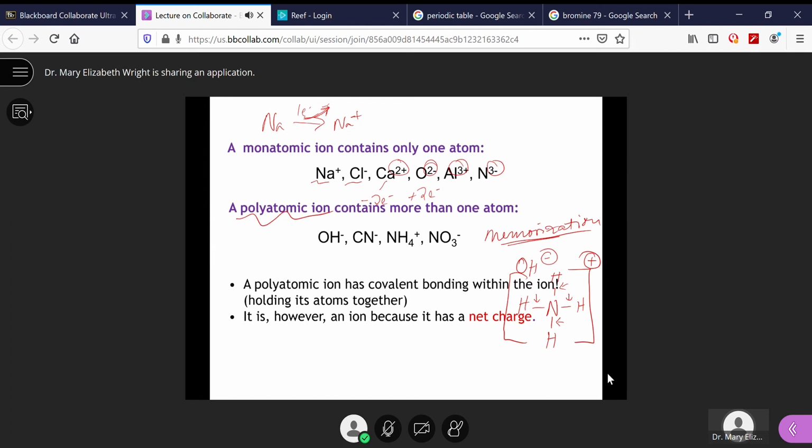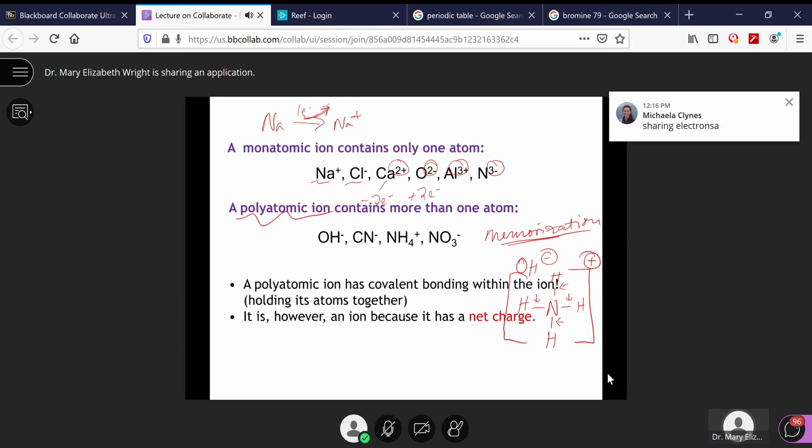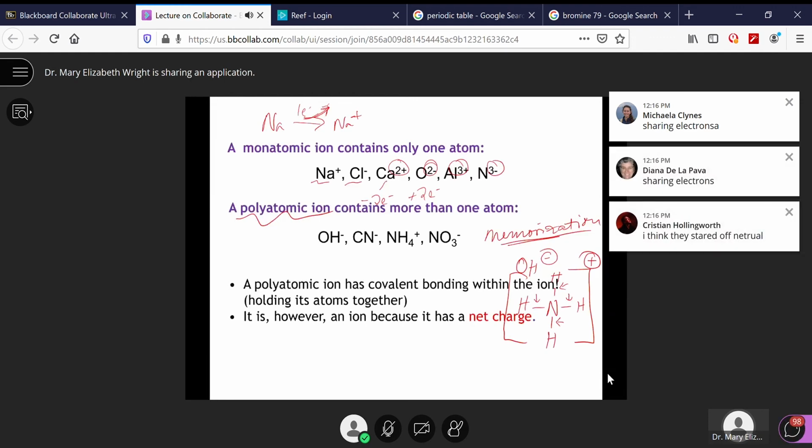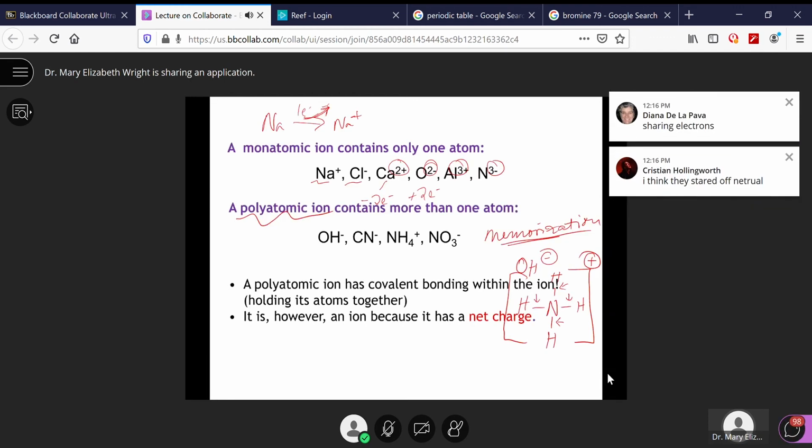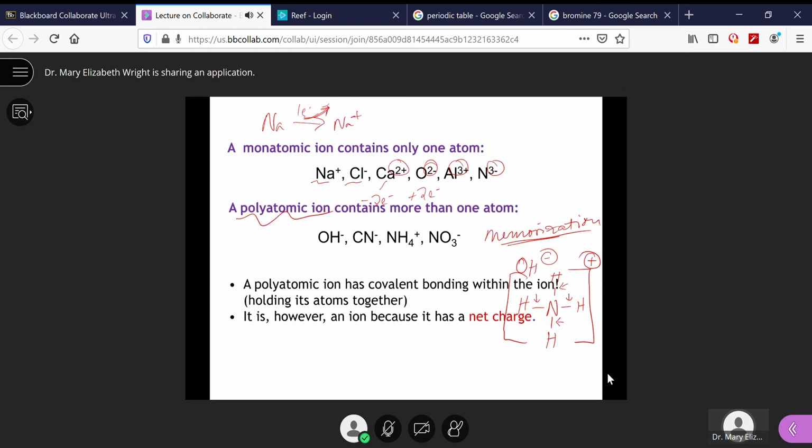I'm looking at a couple of questions here. Why does transferring an electron, thank you, Michaela, why does transferring an electron bind the two together? Abraham, I think you can answer your own question, or someone else can answer it besides me.